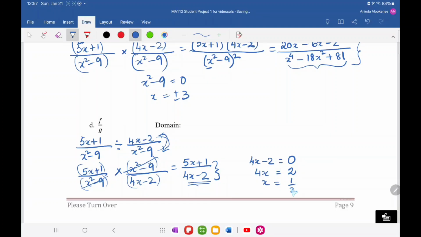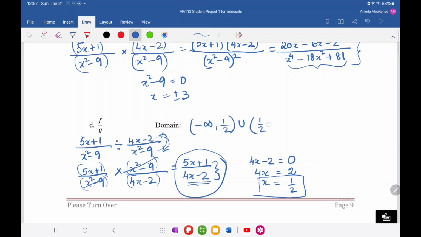So we have to exclude 1/2 from the domain of this new function. It's going to be minus infinity comma 1/2, and then union 1/2 comma positive infinity.